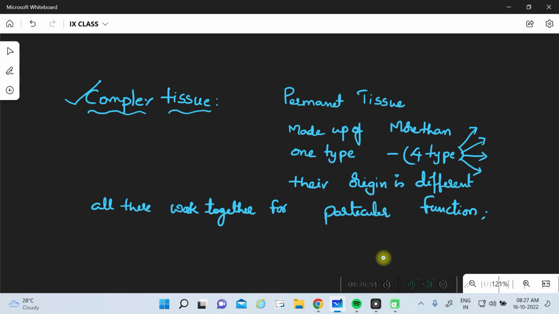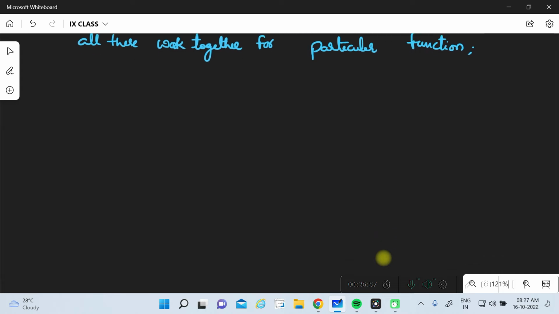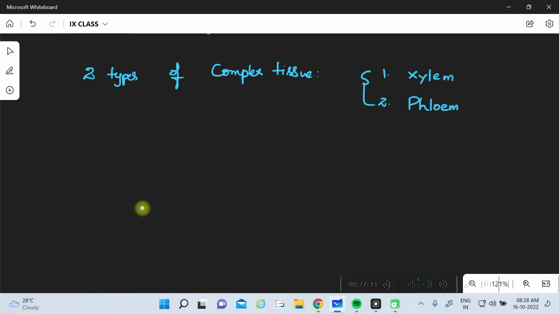Now, in plants, two such complex tissues are present. We have two types of complex tissues. One is called xylem, and the other is called phloem. These are together called vascular tissue.